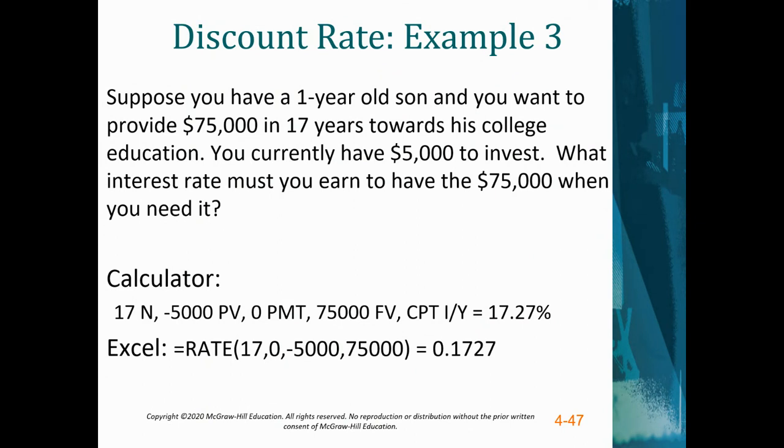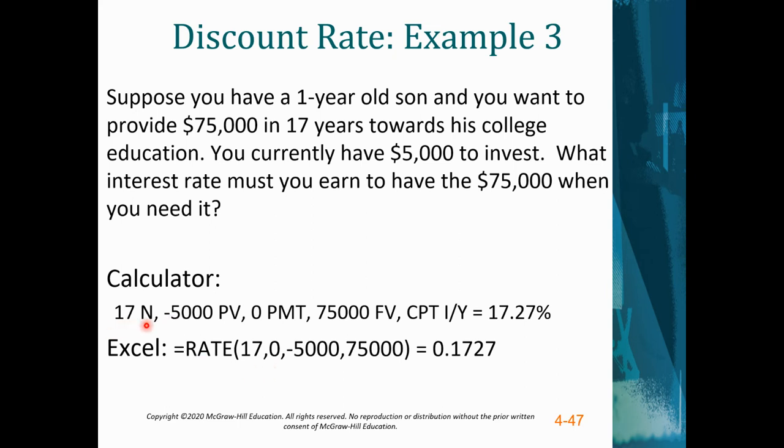Next example, suppose I have a 1-year-old son and I want to provide $75,000 in 17 years towards his college education. I currently have $5,000 to invest. What interest rate do I have to earn to make that $75,000? These ones I'm going to skip ahead and just show you.